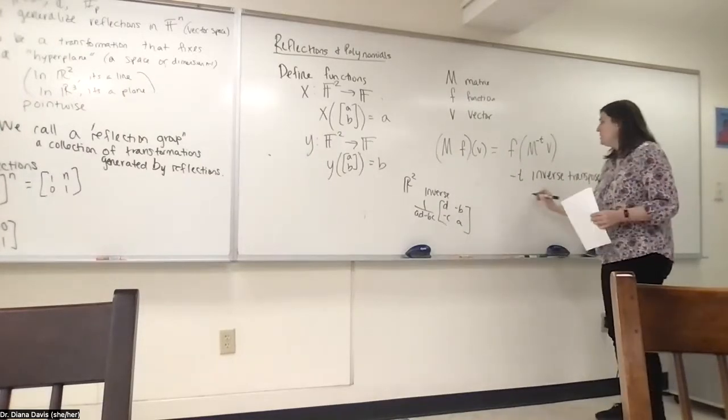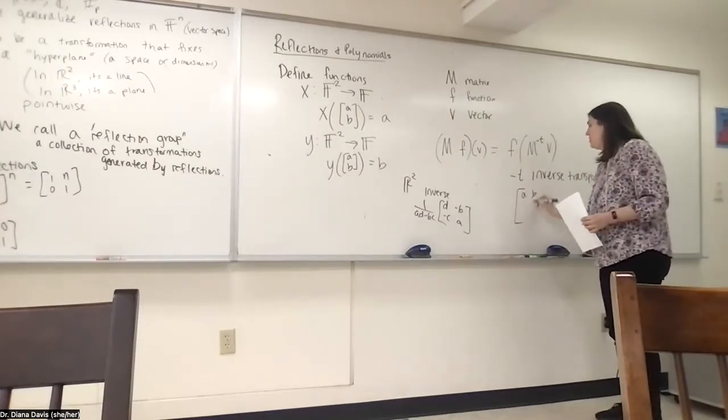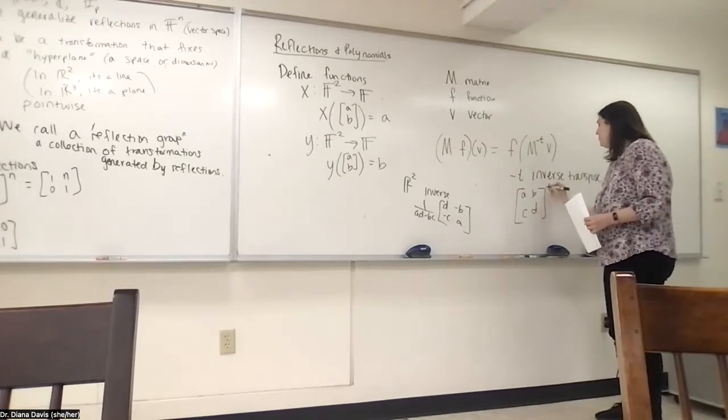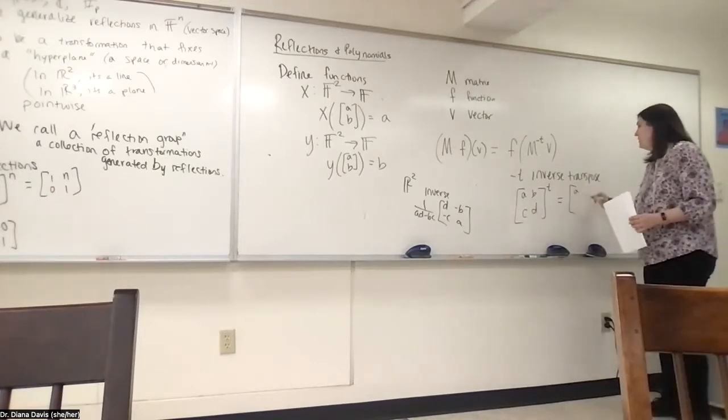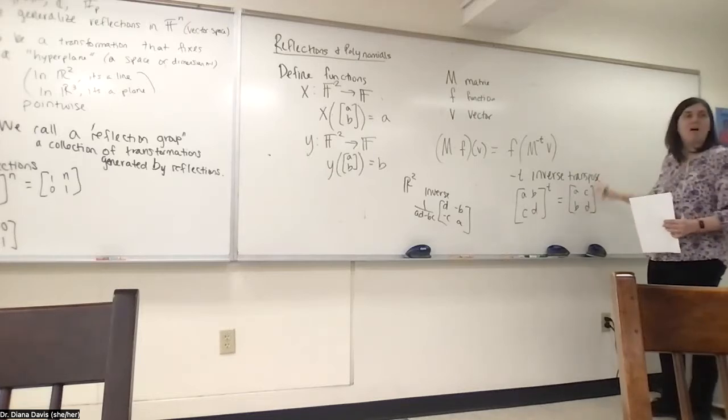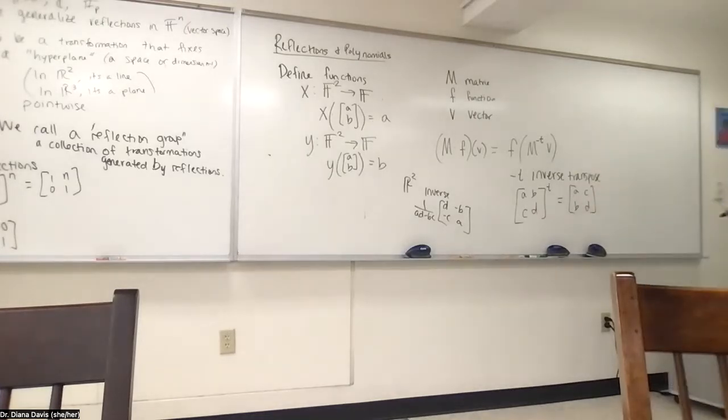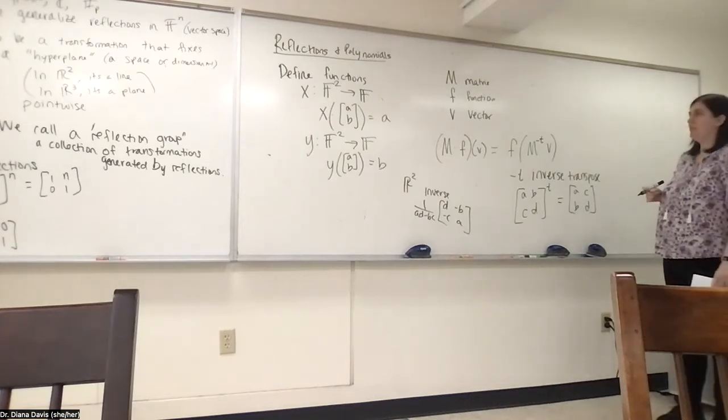And then the transpose. So if I take A, B, C, D and I transpose it, you keep the diagonal the same and you just swap the off diagonal. Columns become rows. Yes, all the columns become the rows. And can we only work with square matrices in this world?